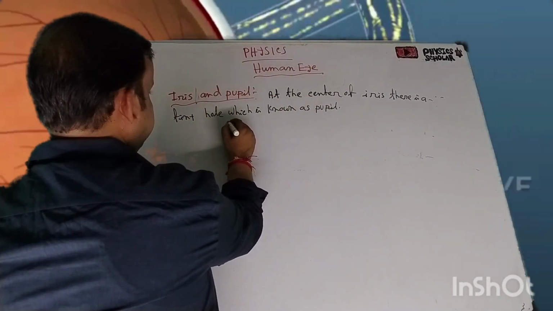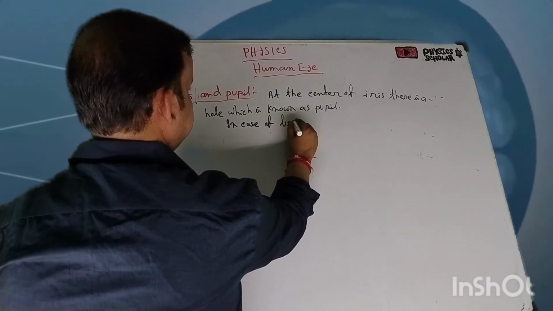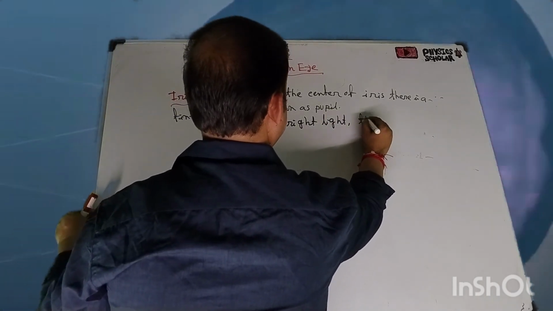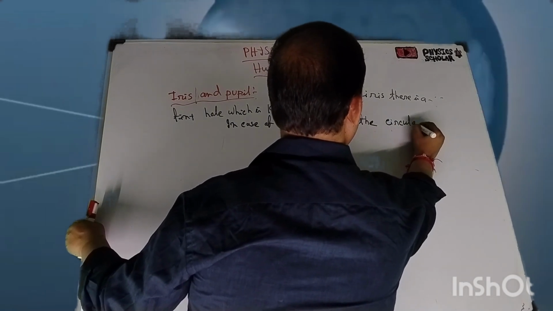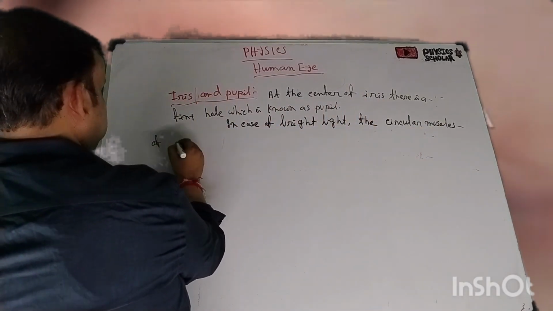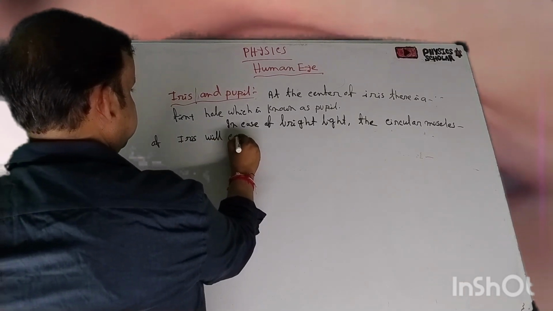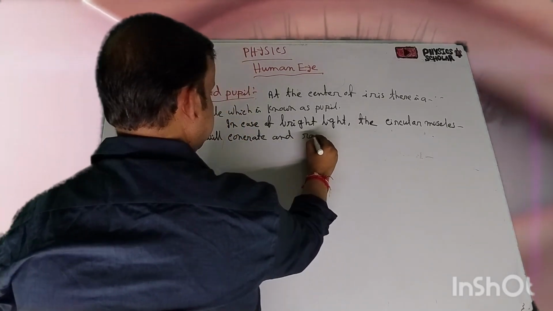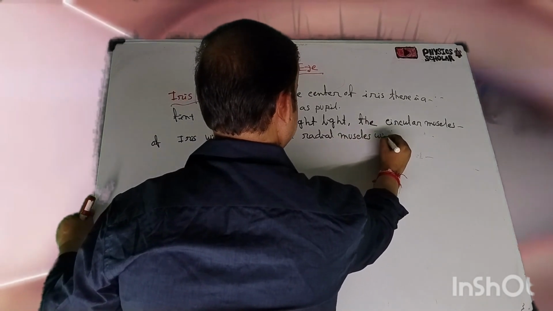So what will the people do? See, in case of bright light, what will happen? The circular muscles of the iris will contract, and the radial muscles will relax.